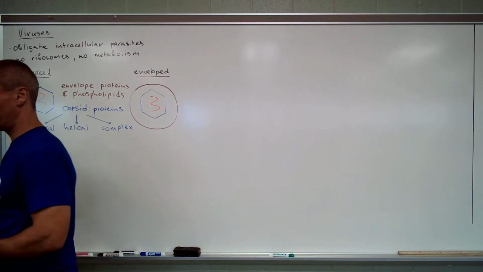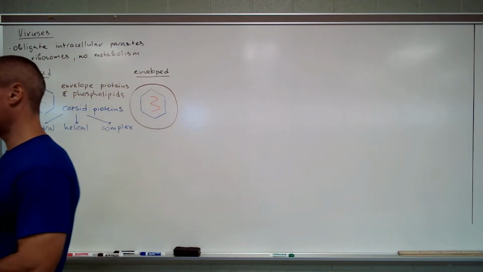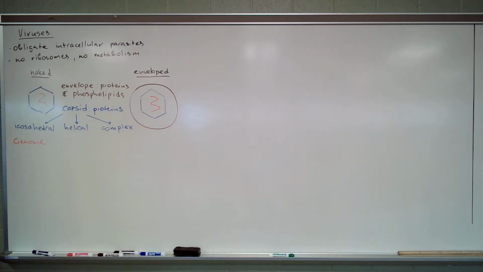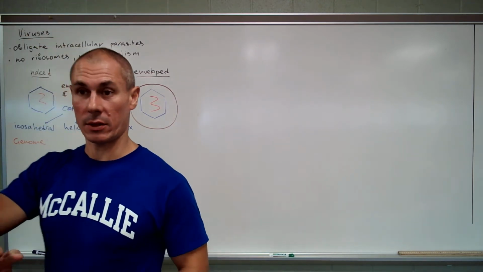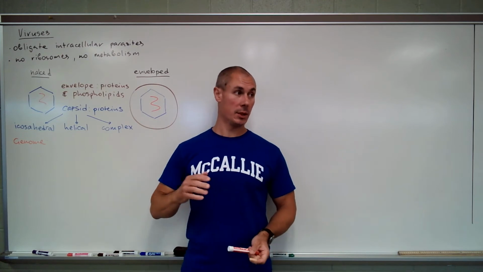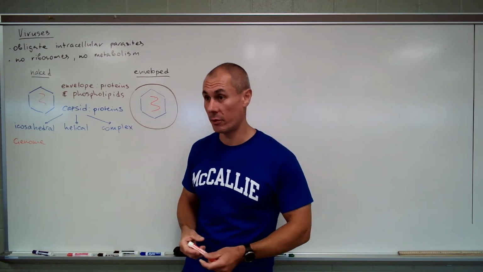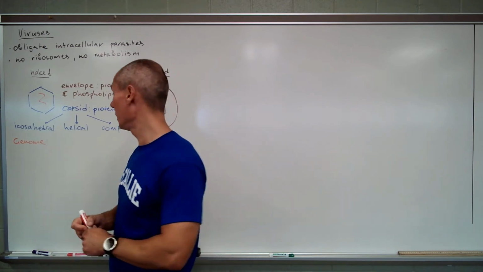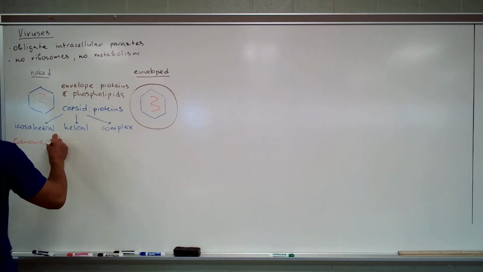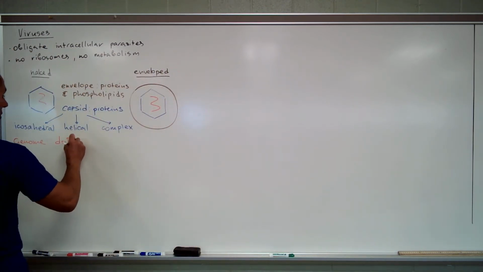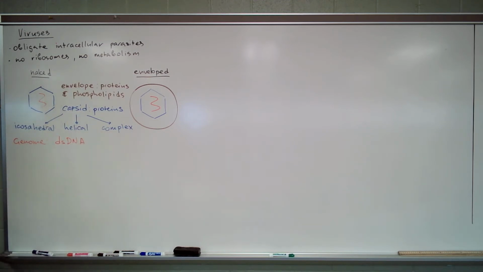Now, viruses are not cellular, so therefore, are they living? No. And so all the living things, as far as we know, contain a double-stranded DNA genome. Well, viruses aren't living, so they don't have that restriction. They can have a double-stranded DNA genome, like herpes viruses.